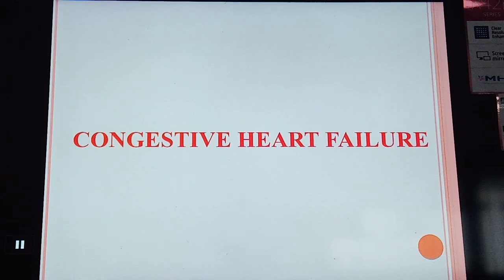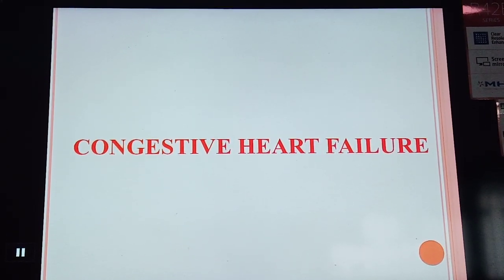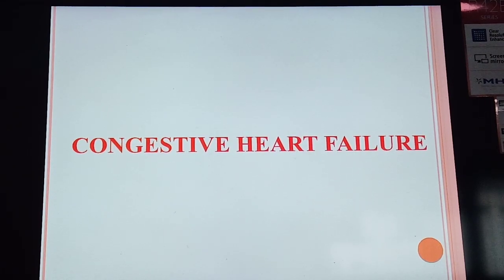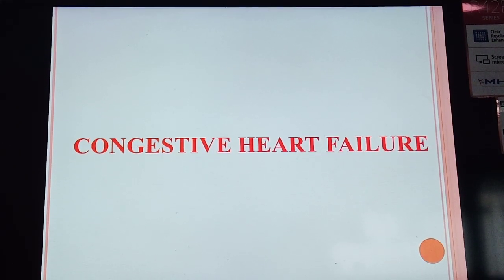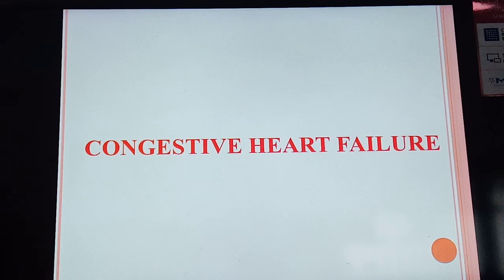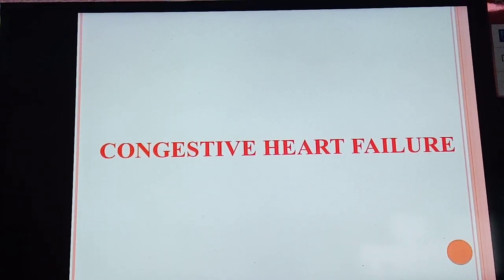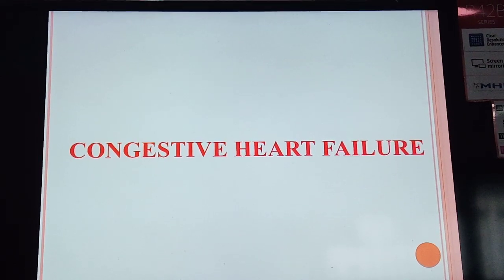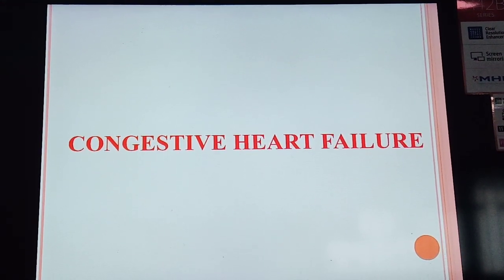So now we come to congestive heart failure. This is all about hypertensive heart disease, in which concentric hypertrophy of the myocytes occurs. One is pressure overload hypertrophy and the second is volume overload hypertrophy.